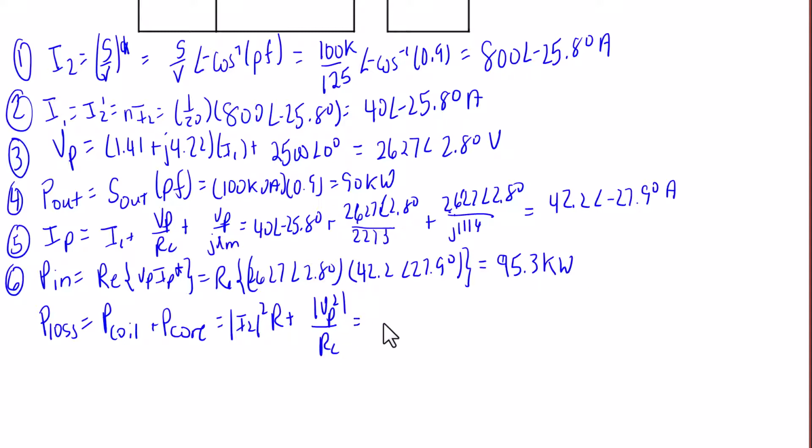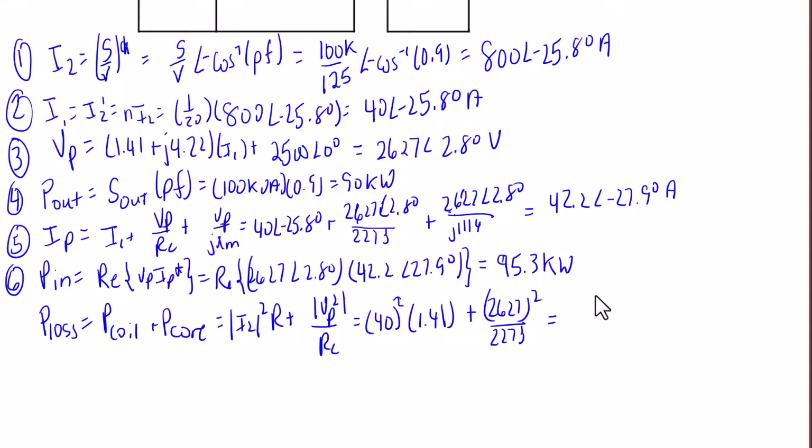So this is going to equal 40 squared times 1.41 plus 2627 squared divided by 2273.